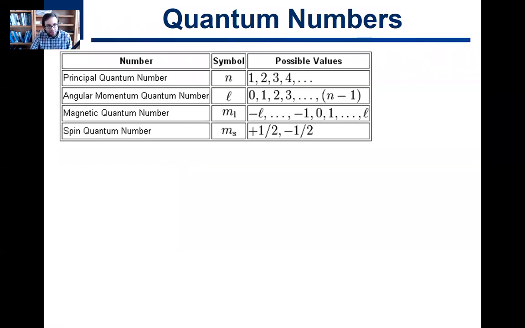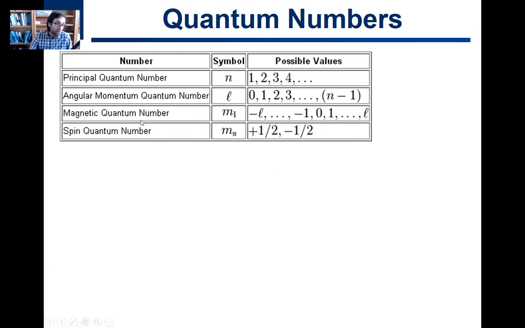And in order to do that, we have to go back to quantum. Okay, so remember, you know this from general chemistry, there's a principal quantum number n, and an angular momentum quantum number l that tells you what shell you are. l equals 0 is an s orbital, l equals 1 is a p orbital, 2 is a d orbital, 3 is the f orbital, etc. That m sub l magnetic quantum number ranges from negative l to positive l, and that tells you which type of p orbital or which type of d orbital you are.